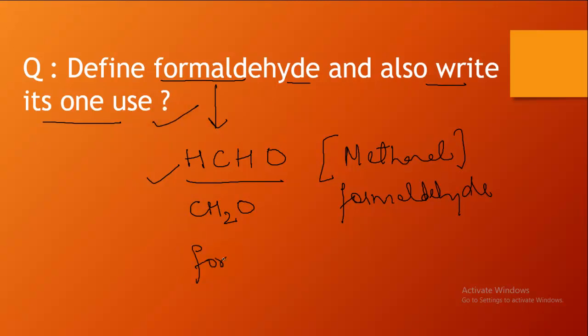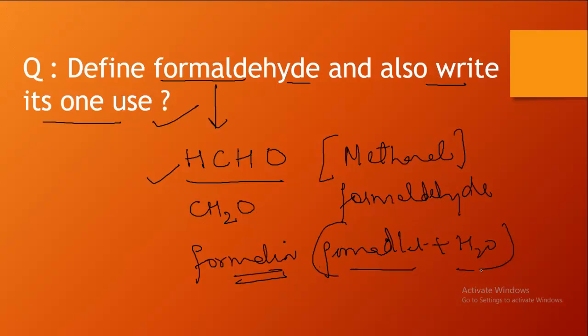Formaldehyde is commonly converted into formalin. How is it converted? To formaldehyde we add a specific percentage of water, due to which we get formalin. And formalin has an important use in labs, as it is used for storing the specimens in labs.